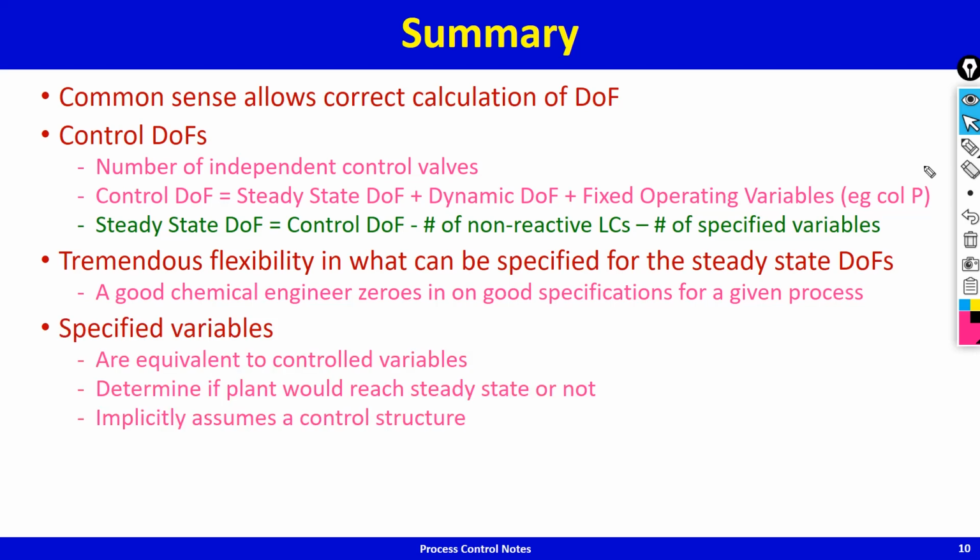Specified variables or specification variables corresponding to the degrees of freedom are equivalent to controlled variables, variables that are controlled. And what specification set you use determines if a plant would reach steady state or not. It determines whether all the balances are closed or not. And so what you specify has to be chosen in a consistent manner, in a manner that ensures that all balances are going to be closed.